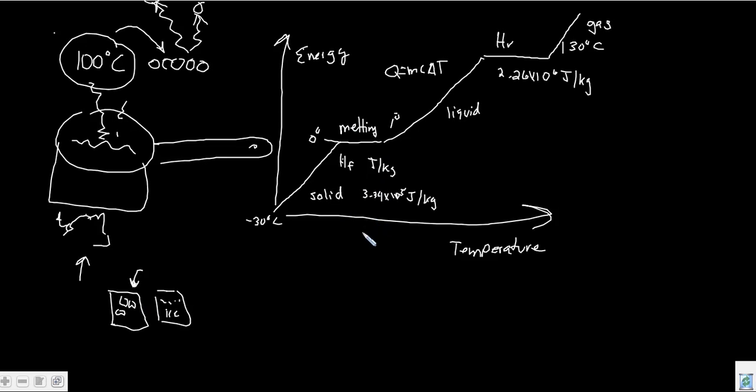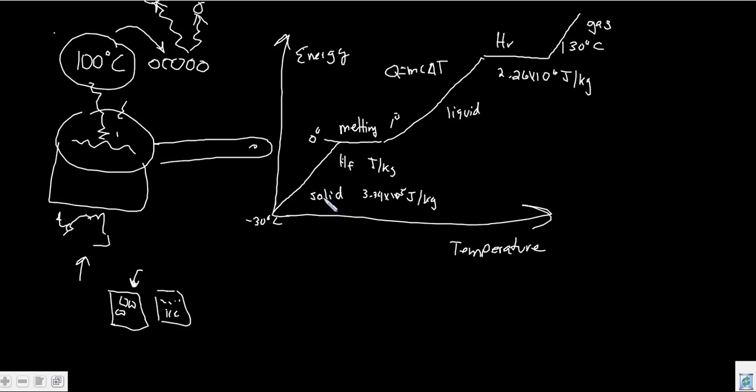So let's go ahead and take a look at this problem right here. We also have to think about the specific heat. Now, the specific heat, when we're adding energy and doing our Q equals mcΔT, is actually different for a solid, liquid, and gas of the same thing.